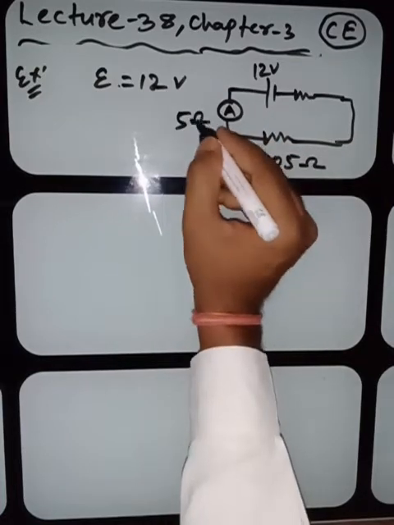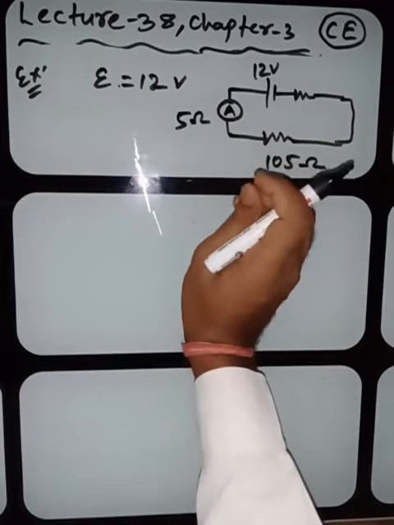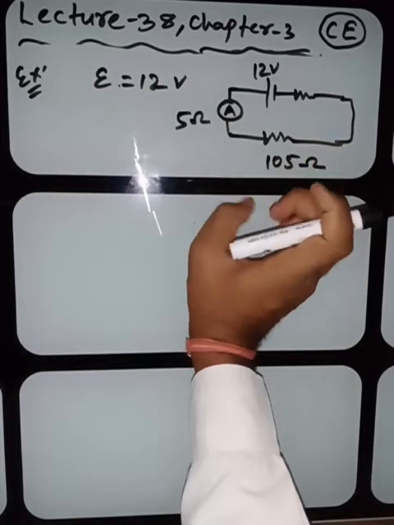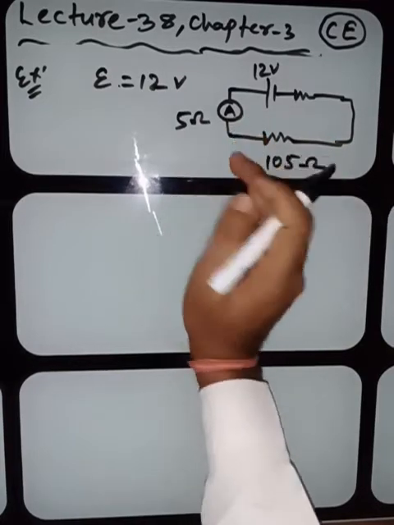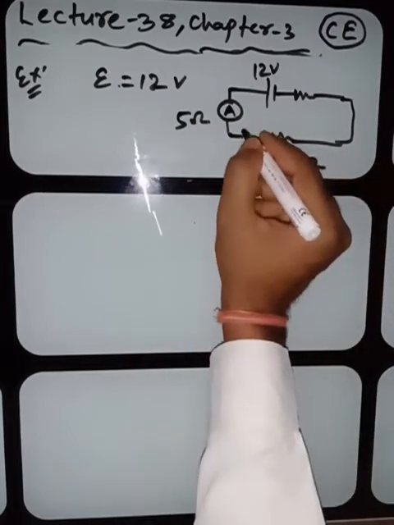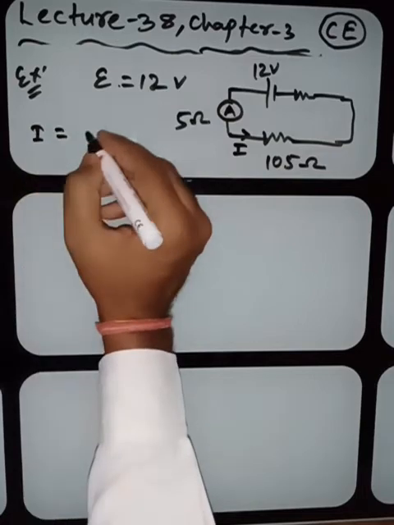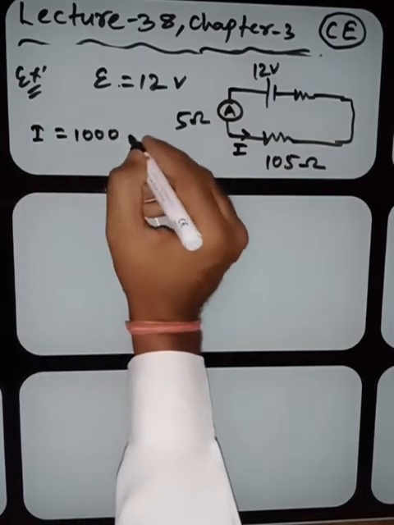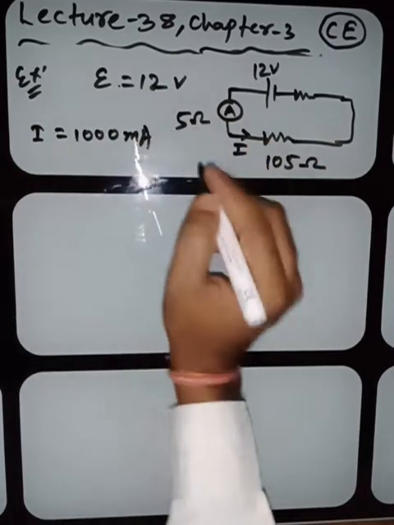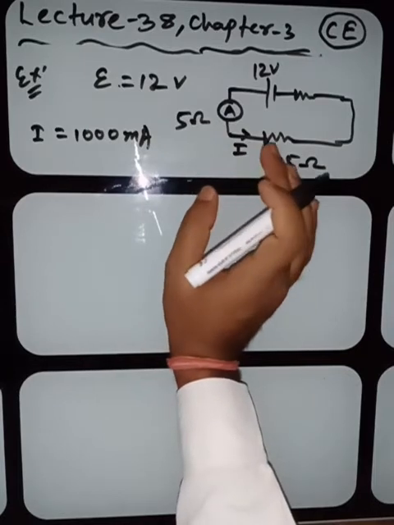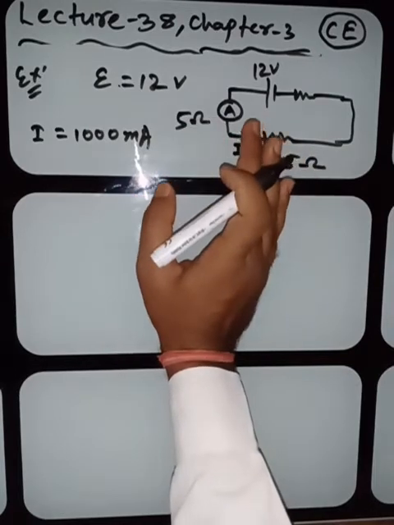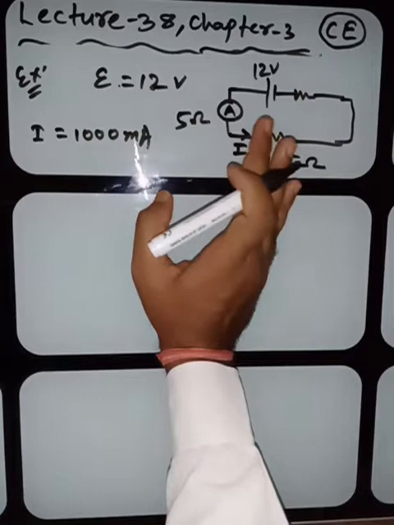Now the interesting thing: if the current flowing in this circuit is 1000 milliampere, then you have to find the internal resistance.